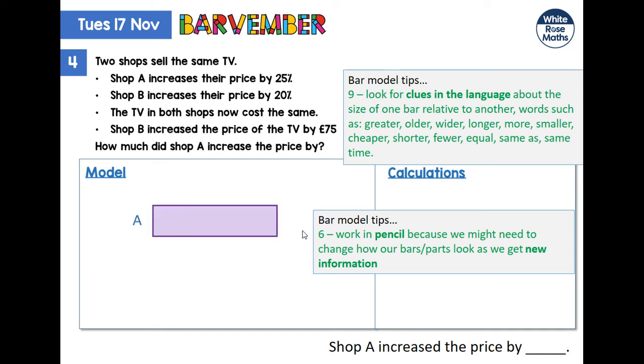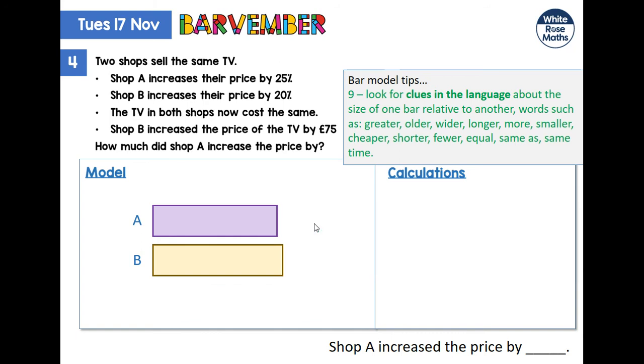So let's start. There's our bar A and bar B. No idea how long they need to be. Don't even know that bar B is longer than bar A. So work in pencil. Shop A increases their price by 25%. Now we need to know here that that 25% is a quarter.